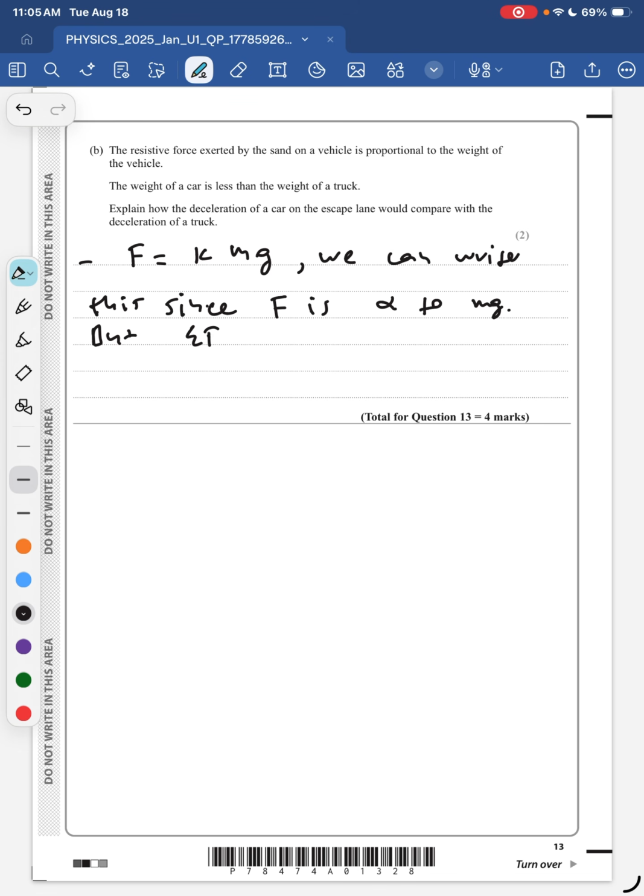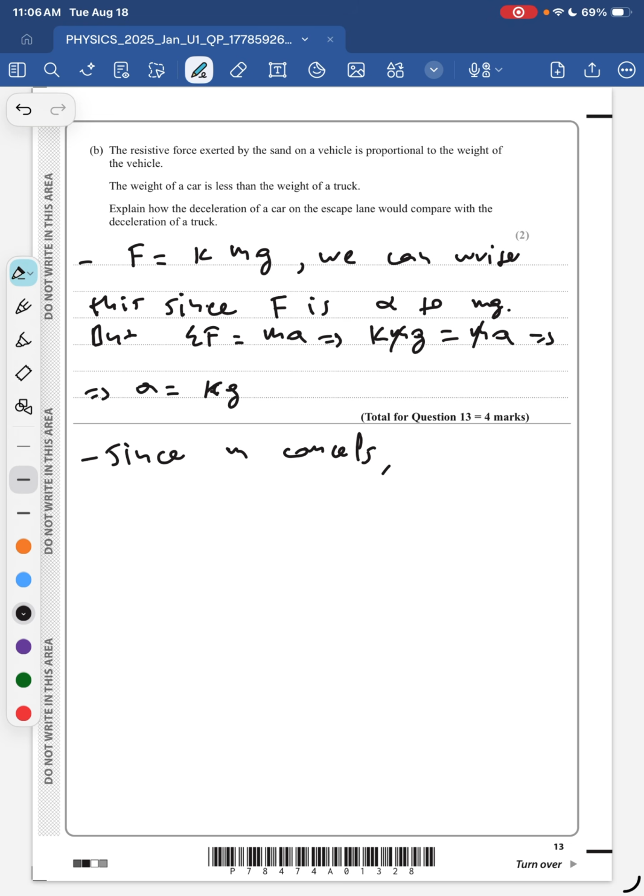But the sum of all forces should equal MA. So the resistive force KMG is equal to MA. So A is simply K times G. So it's independent of the mass. Since M cancels, the acceleration is proportional to K and does not depend on the mass of the vehicle, right?